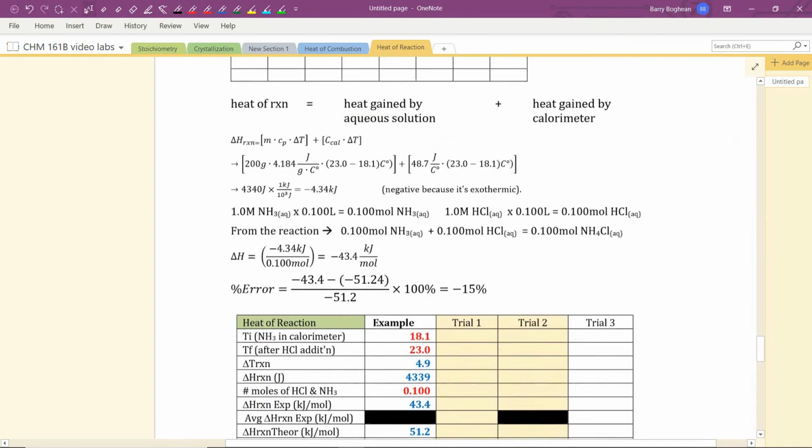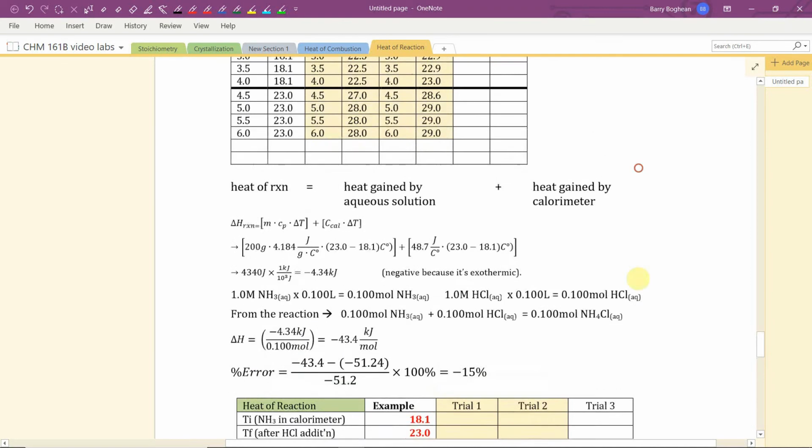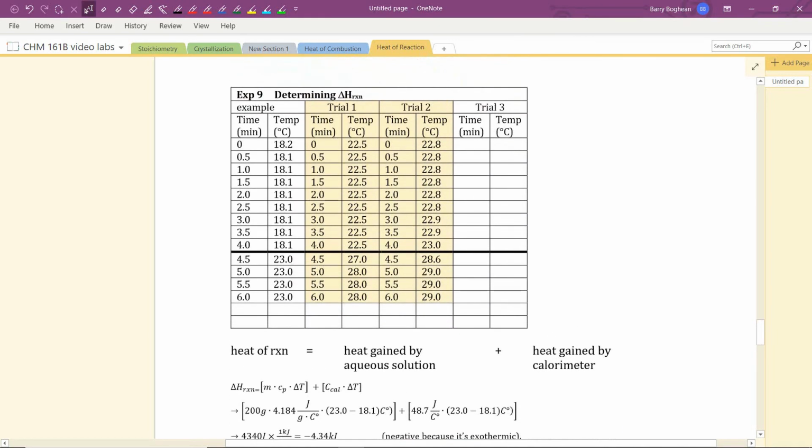I've summarized the results here: initial temperature, final temperature, temperature change, and the heat of reaction. So I've taken that from here: initial temperature 18.1, final temperature 23.0, and the difference is the temperature change.